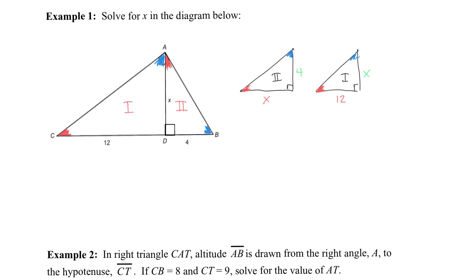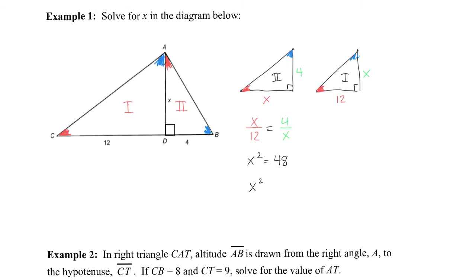And once you complete this, now the rest of it is very easy. Now we're back to the last lesson, which is simply to set up your proportions. So I'm going to have x over 12 equals 4 over x. Okay? x over 12 equals 4 over x. And now cross multiply and solve. This is going to be x squared equals 48.